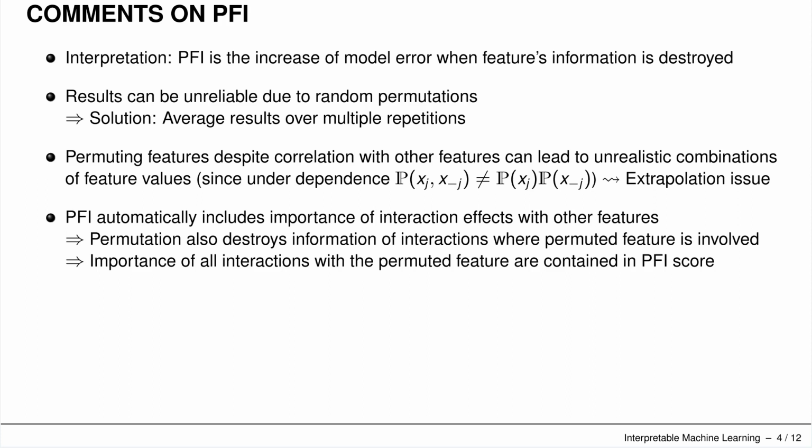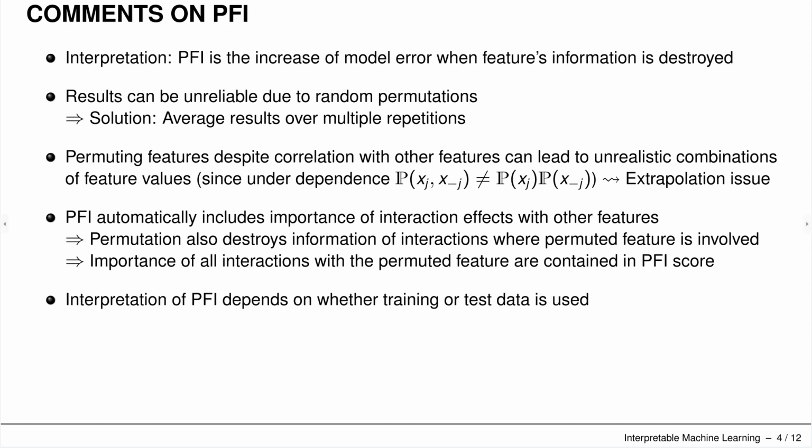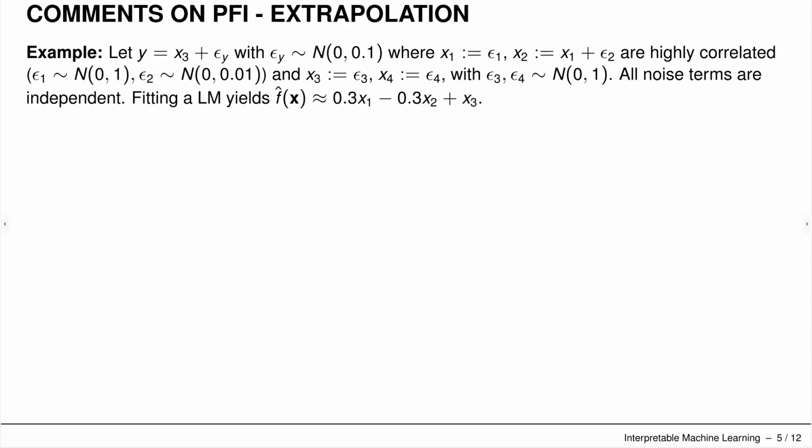Because of that, the importance of all interactions with the permuted feature is contained in the PFI scores. That also means that we see all interactions twice, but we'll see that in a minute in an example. And the interpretation of PFI depends on whether training or test data is used. So more on that soon.